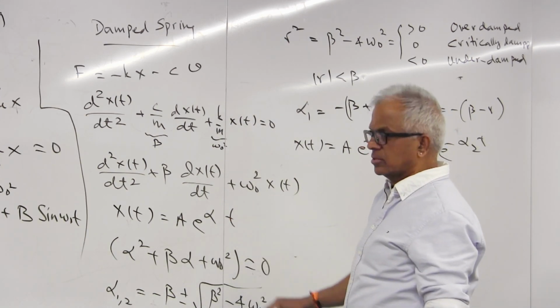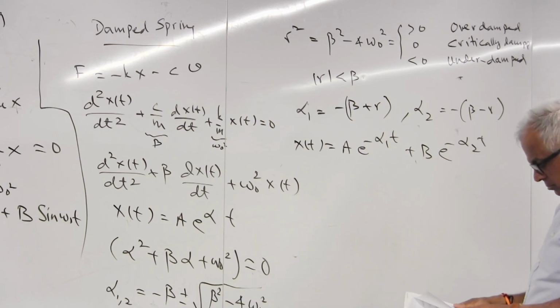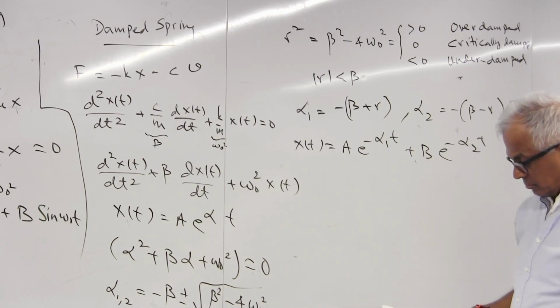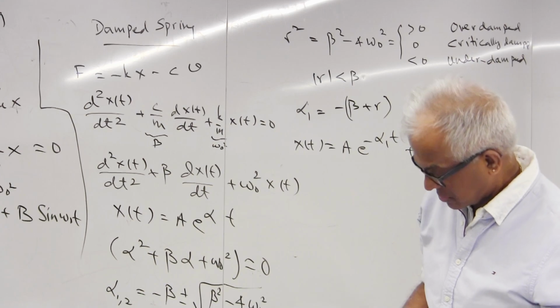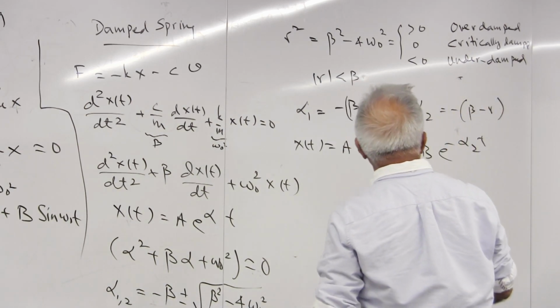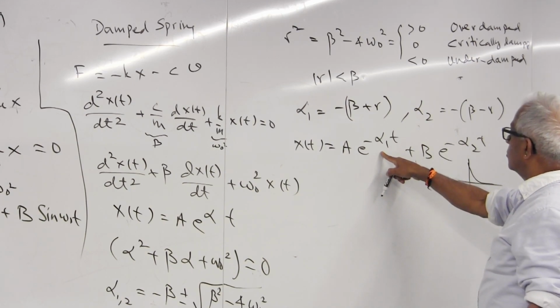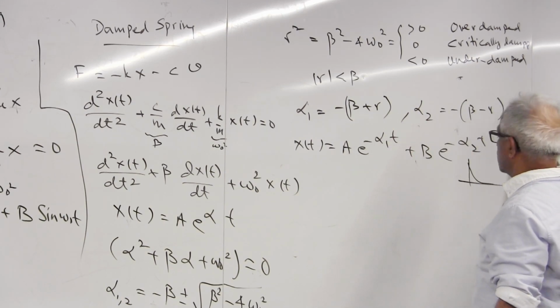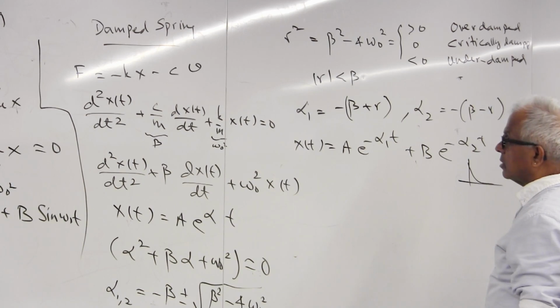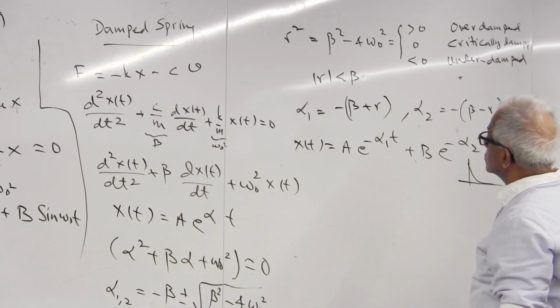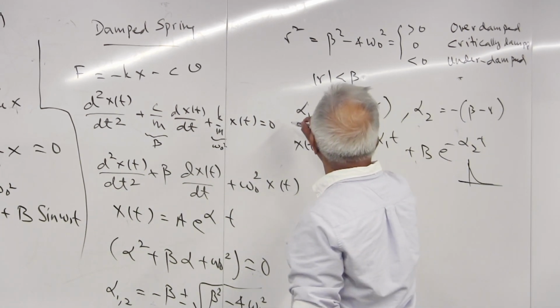This is Euler's technique. In this case, it is severe; it goes down real fast, because both alpha 1 and alpha 2 are negative. So that's case 1.